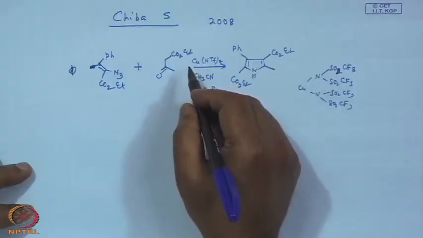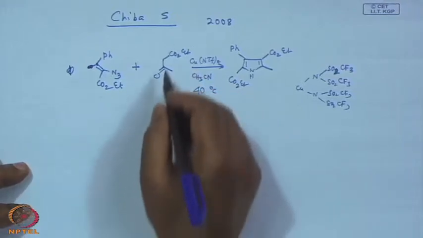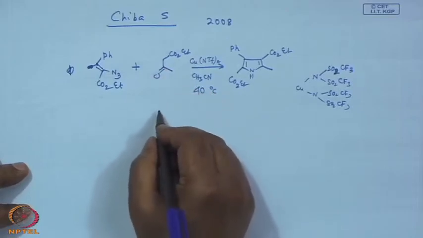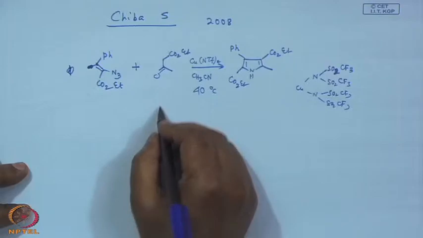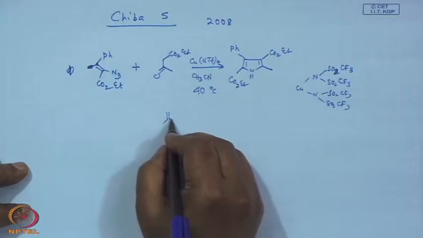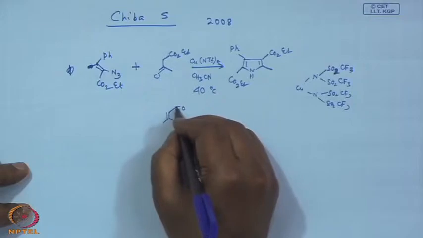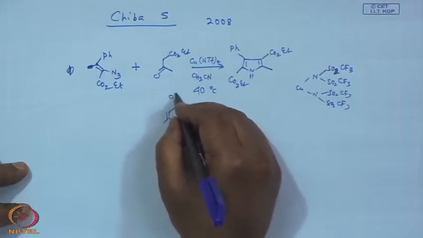So, what is the mechanism? I can write the mechanism, but you can also work it out. First of all, many of you know most of these transition metals like copper, iron form complexes with diketone compounds, 1,3-diketone compounds. So, in this case I should write the enol form here, and this is, let us say, ester.